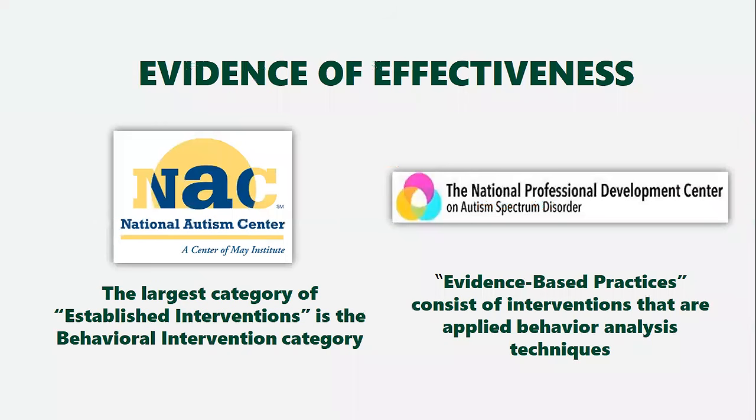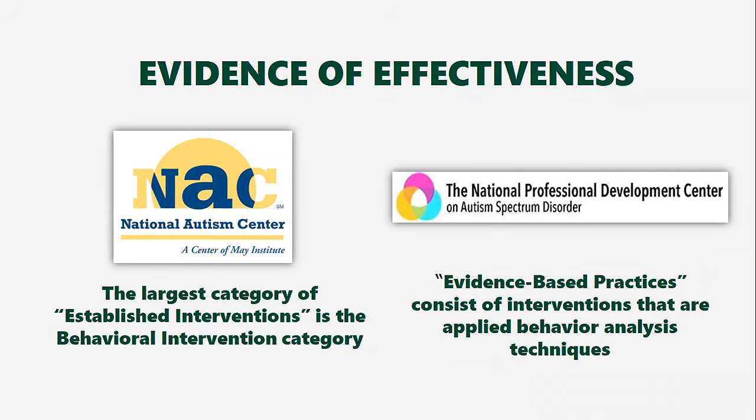And last, I just want to point out, there have been lots and lots of studies showing the effectiveness of ABA therapy for treating autism. But I want to point out two resources that have a good synthesis of the data. One is the National Autism Center, which reviews evidence-based practices for treating autism.